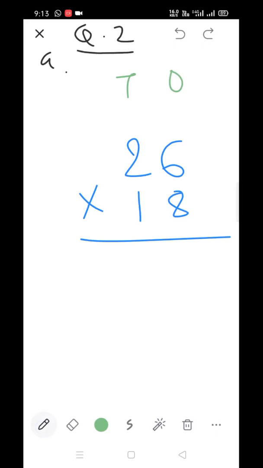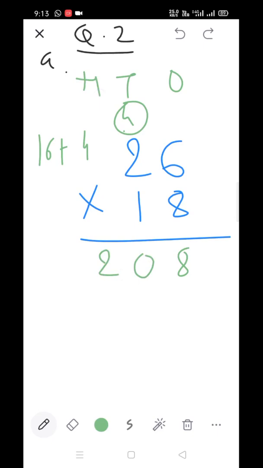Start the multiplication from the 8 with 6 and 2. So 8 sixes are 48. So 8 will be here and 4 as a carry. Second multiplication, 8 with 2. 8 twos are 16, but here is the 4, 4 is the carry. So 16 plus 4, 20. 20, one place added, that is the 100.